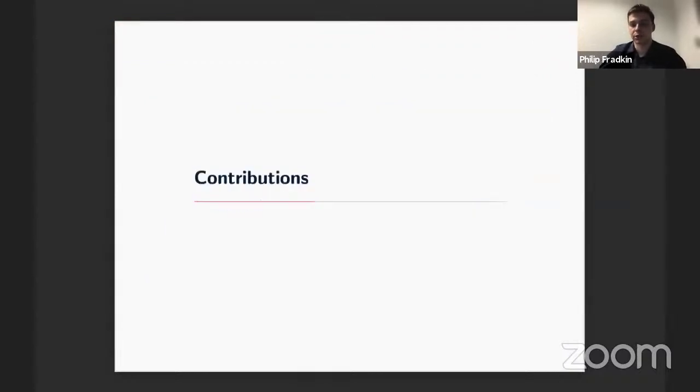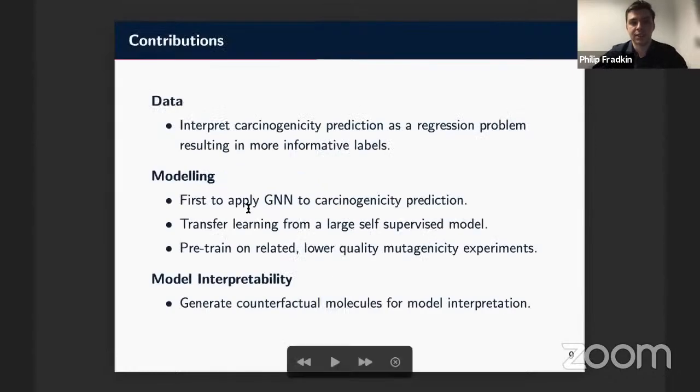So now I'm going to talk about our contributions, and it's across 3 different areas. In terms of data, we reinterpret carcinogenicity prediction as a regression problem instead of a classification problem, and this also results in more informative labels. For modeling, as far as we know, we're the first to apply graph neural net approaches to carcinogenicity prediction.